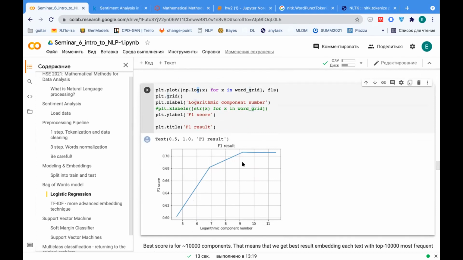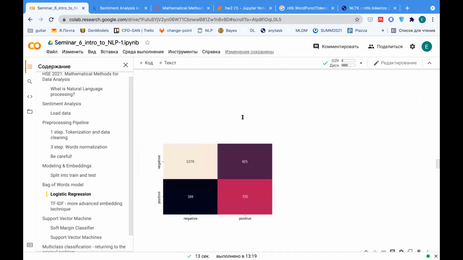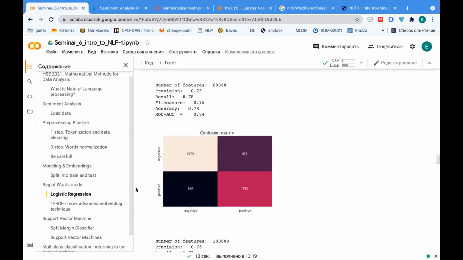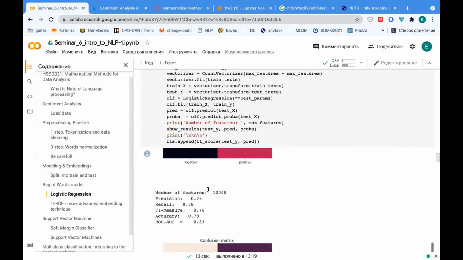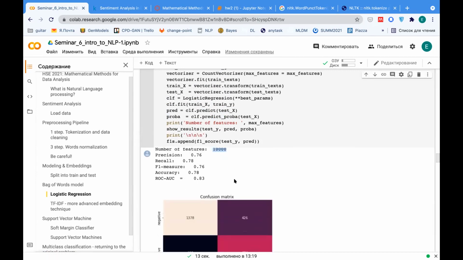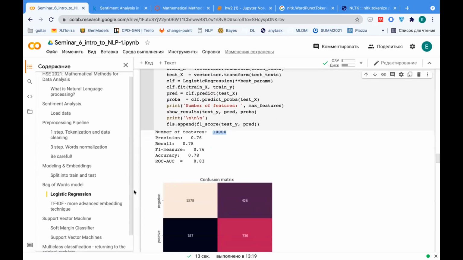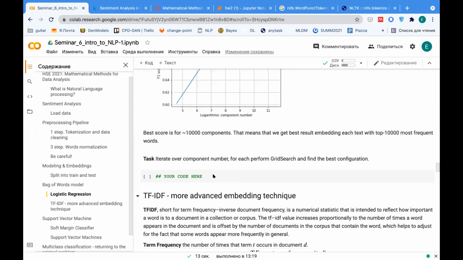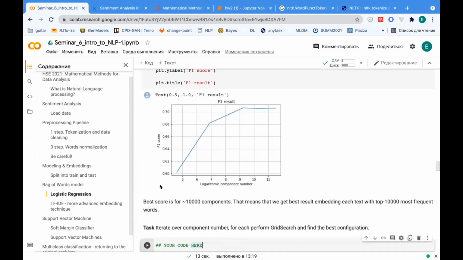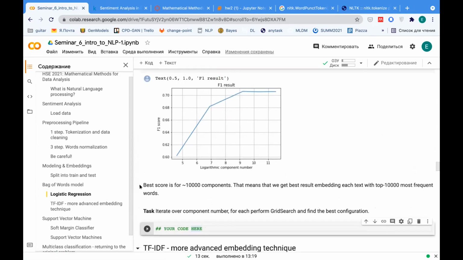So we can stop, for example, here, and we'll have very good results and not so many words in our model. We can also use grid search for the number of words, and we'll probably get even better results.